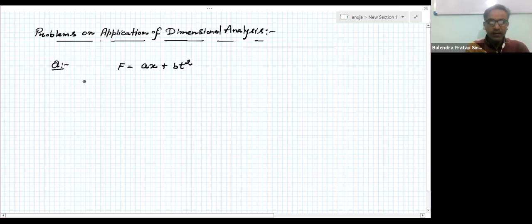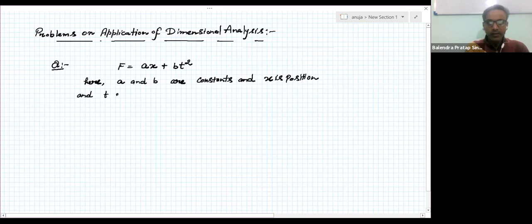Here a and b are constants, x is position, and t is time.